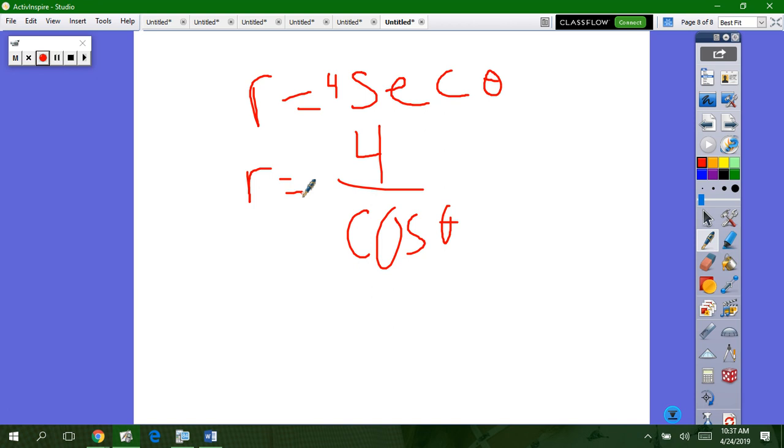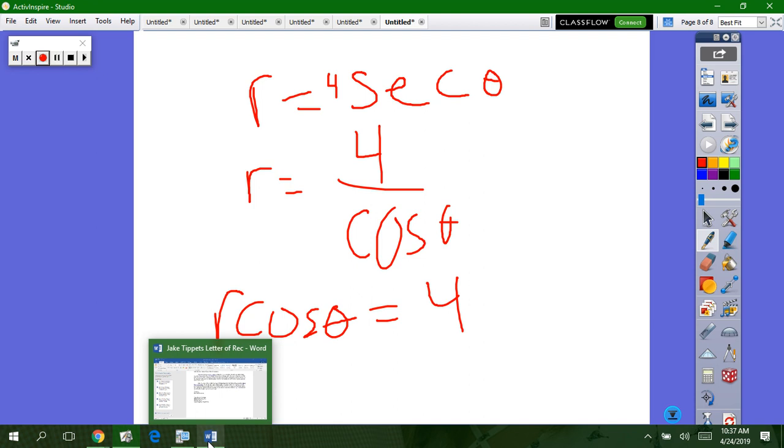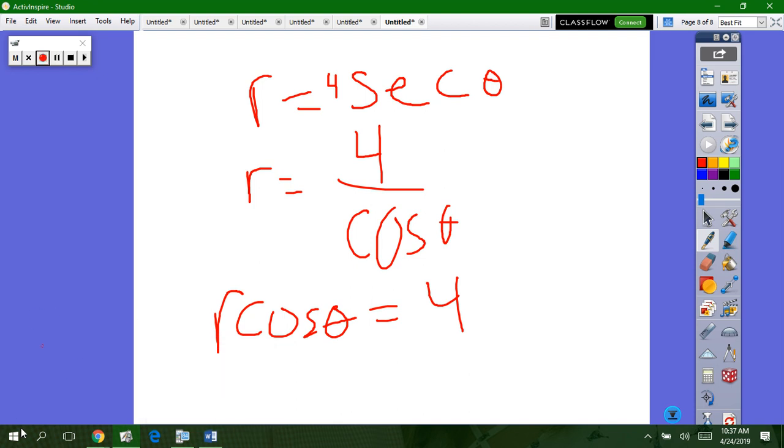Okay. But if you guys recall, the 2 things that we know about x and y, x is who? What does x equal? R cosine of theta, and y is r sine of theta, right? So if I times that cosine up, what do I get? R cosine of theta equals 4. Well, what is r cosine of theta? What's another name for it?